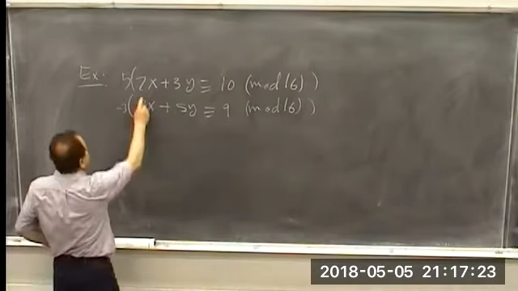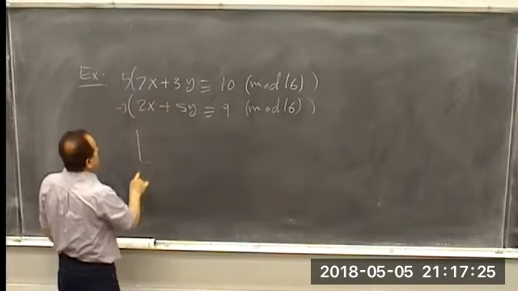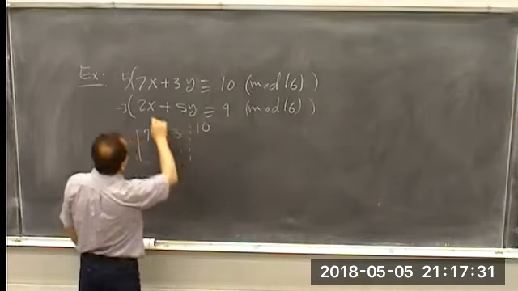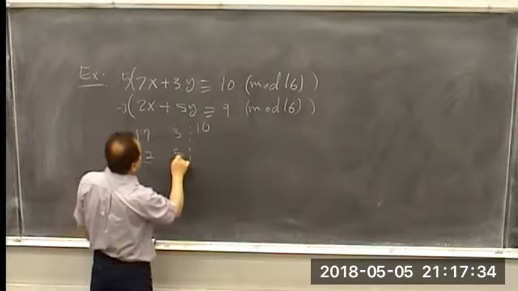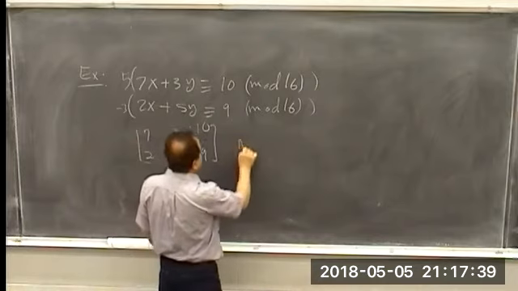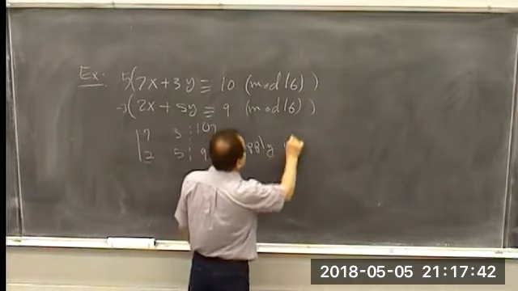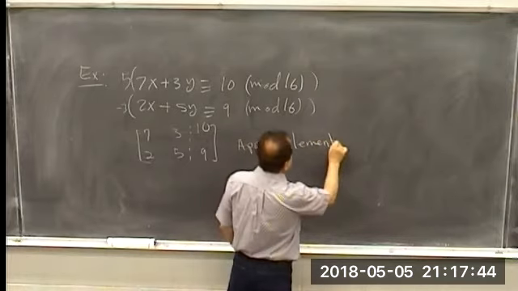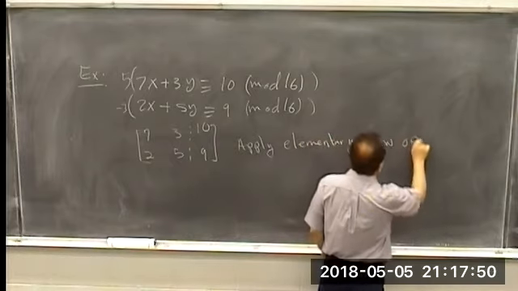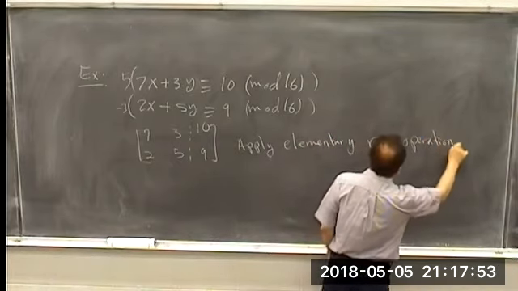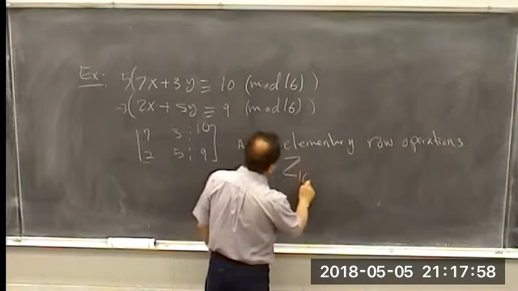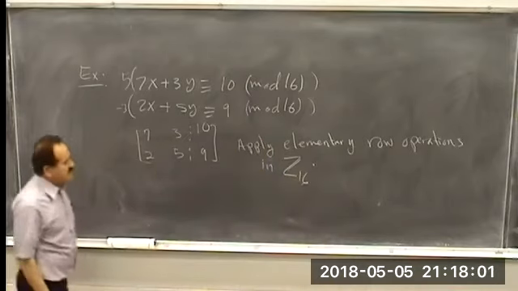Here we associate with this system what we call the augmented matrix, with rows 7, 3, 10 and 2, 5, 9, and we apply elementary row operations in Z16.